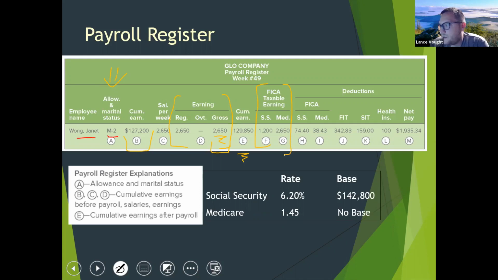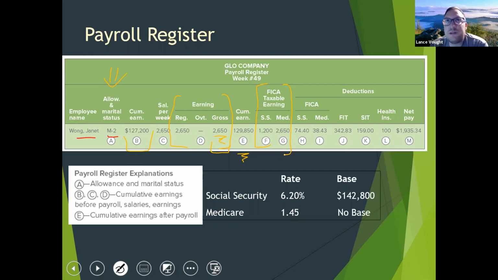The actual table that we're seeing here is different than what the current rules are, so the answer would actually be different here. The base in, I think, 2018 was around $129,000 or $128,400.